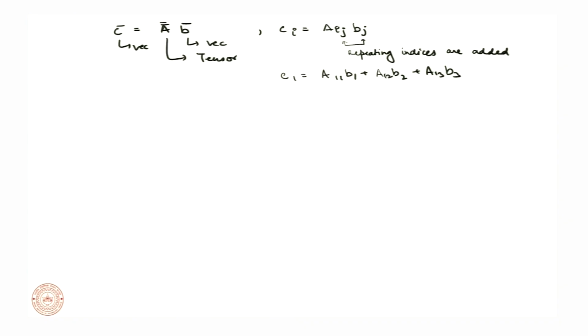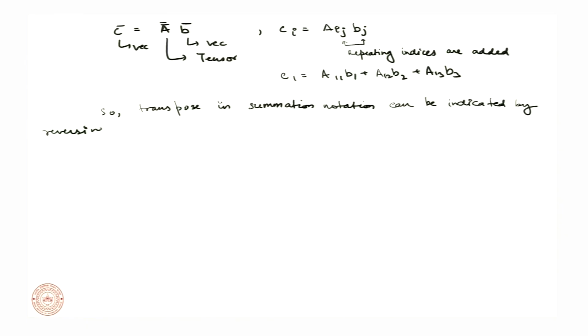Before we go into tensor products, let me just write one more thing down. We have transpose in summation notation, which can be indicated by reversing the indices.